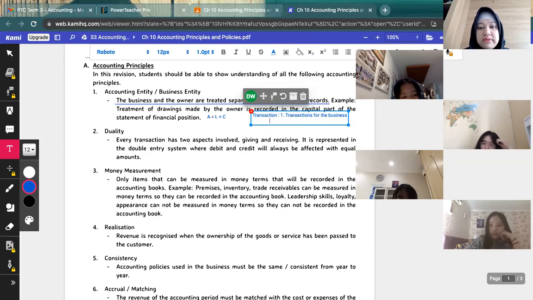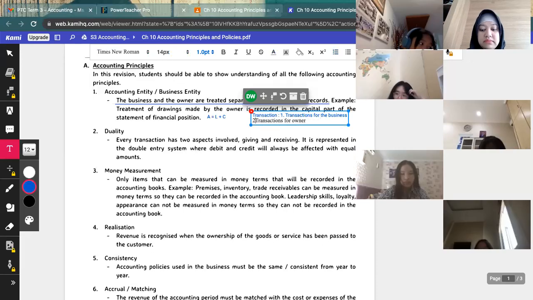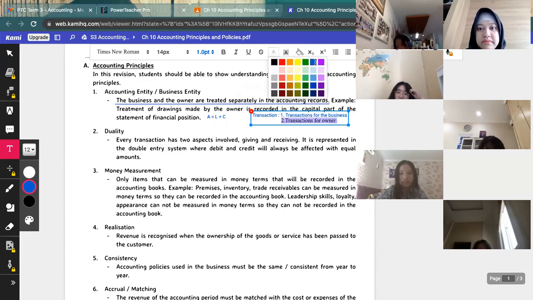And the second one, transactions for owner. Why is it different? Okay, so number one, transactions for the business. The second one, transactions for the owner.